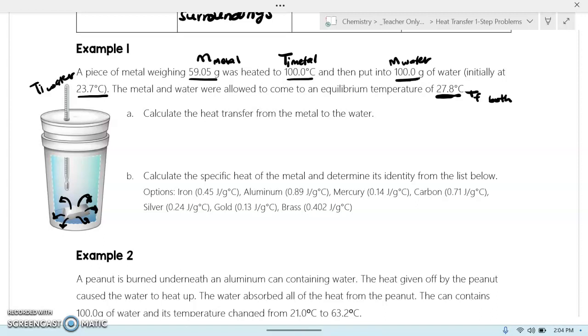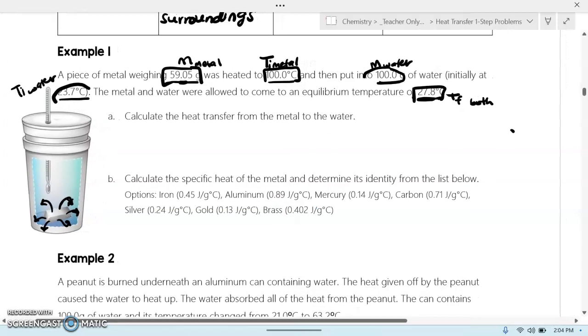I'm going to box everything that's about the metal and then circle everything that's about the water. Circle, circle, and that one's going to get both because it's referring to both.